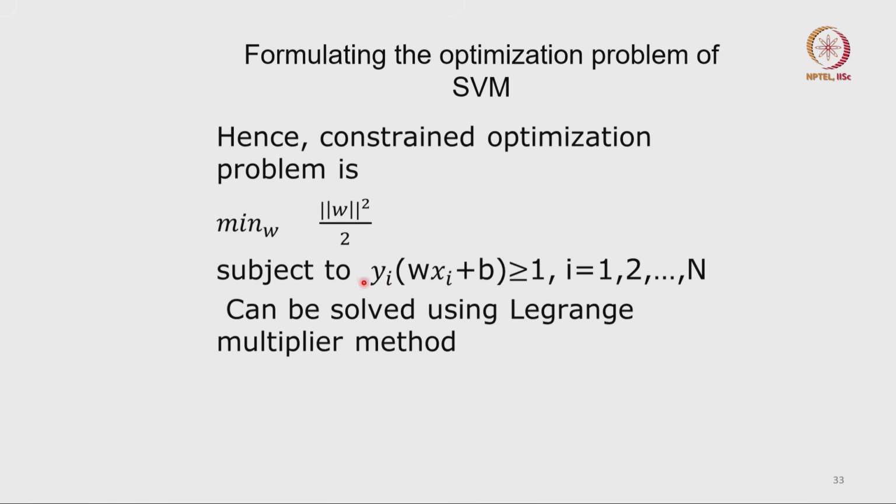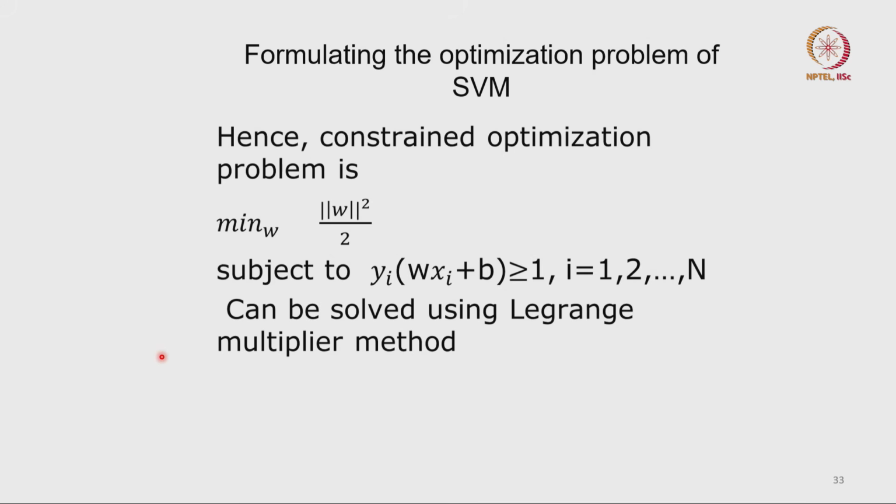So, yi we know is the class label, right. So, this value will be either plus 1 or minus 1, and you can use the convex optimization, the Lagrange multiplier method, that is what is used for solving this problem.